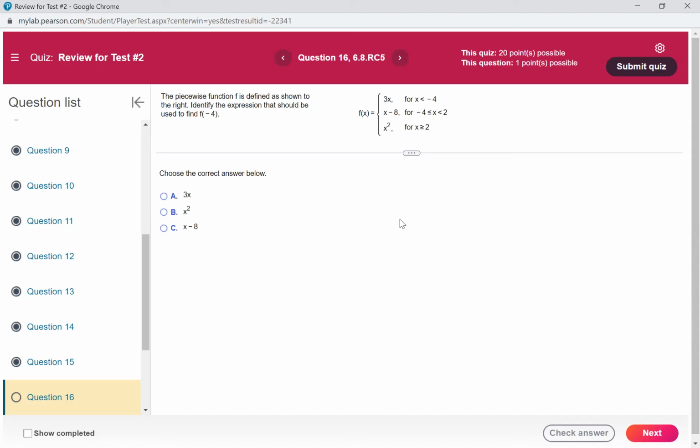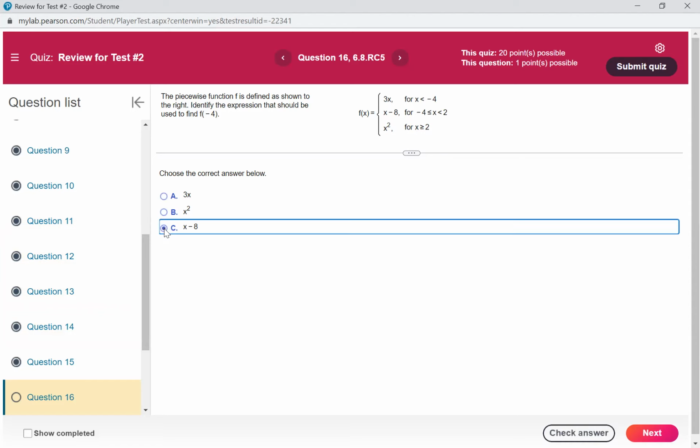X minus 8. So let's see, f of -4. Yeah, because that middle one says, hey, if your -4 is less than or equal to the x, we use the middle equation, which is the x minus 8. Good job. Everybody with me on that, because I get a lot of people that actually miss this on my test.